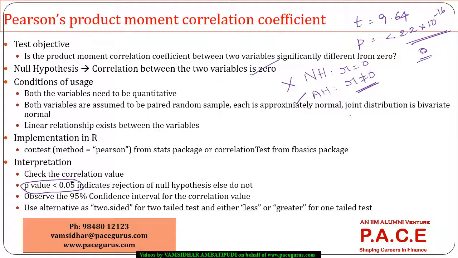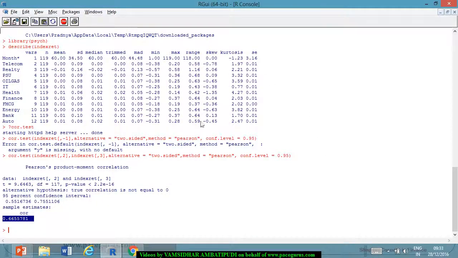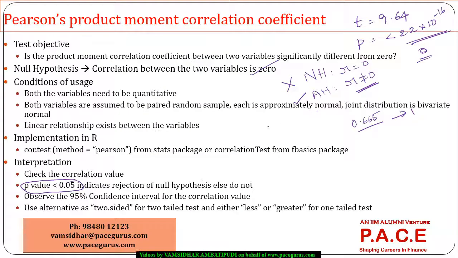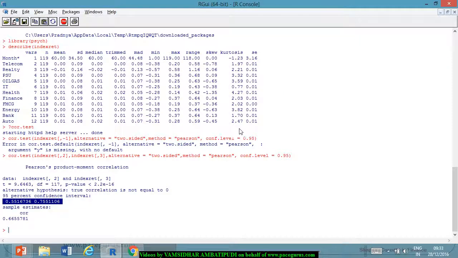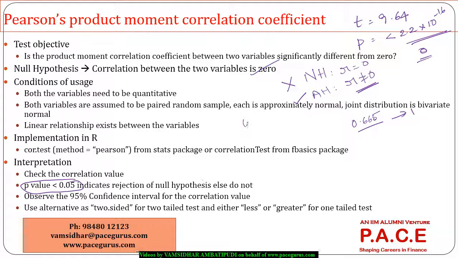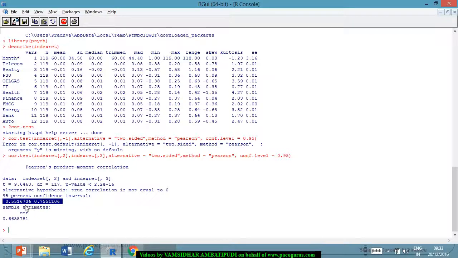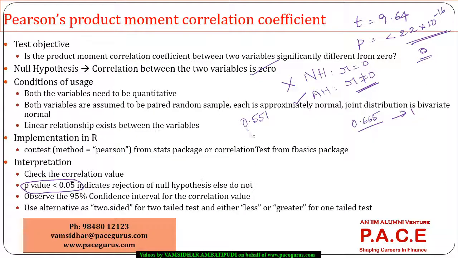The correlation between these two is around 0.665, which is closer to 1, and it's not anywhere around 0. And the 95% confidence interval is saying that even if the data changes to whatever sample, the correlation could be anywhere between 0.551 and 0.755.